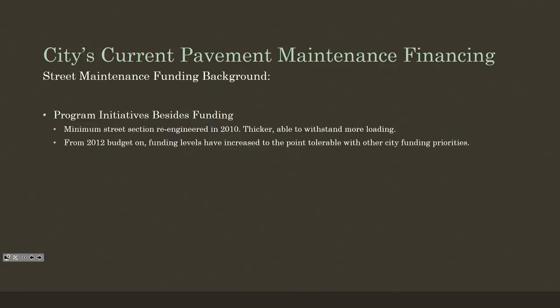From the 2012 budget on, we've been able to adjust our street improvement and street maintenance fundings to the point where we could tolerate, and you've seen that on that line graph. We've enacted a new engineering policy where arterial roads, so new construction with higher ADTs, or average daily traffic, will be constructed with concrete pavement.